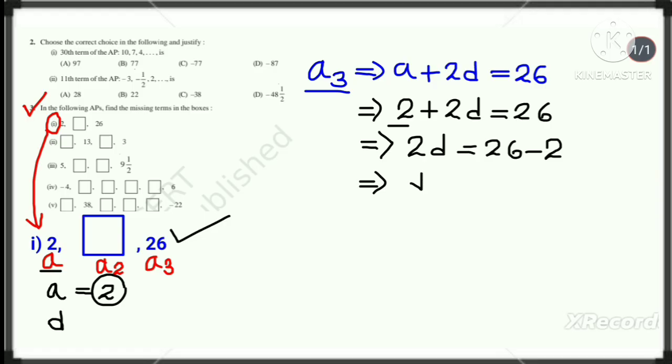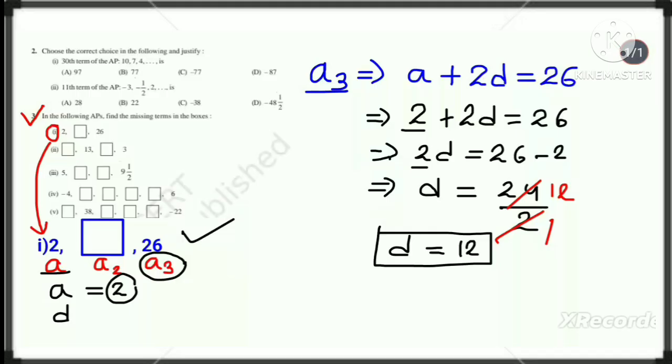Again D equal to 26 minus 2, 24, and this 2 also goes to RHS over here, and this 2 can divide 24 by 12. So here D equal to, we have obtained 12.